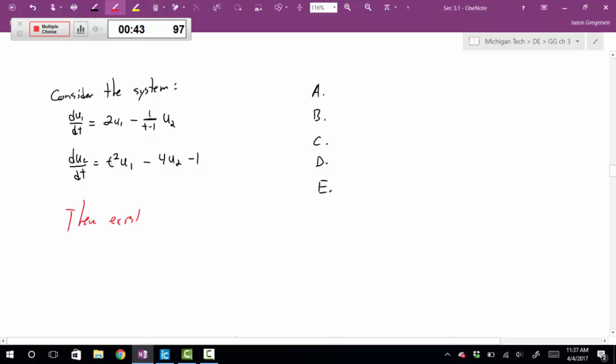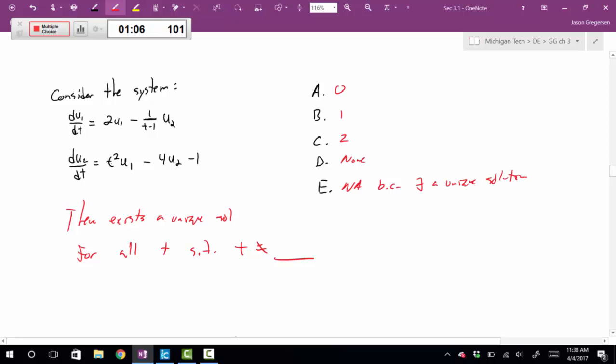There exists a unique solution for all t in R such that t is not equal to what?